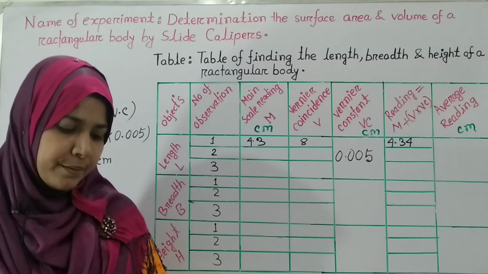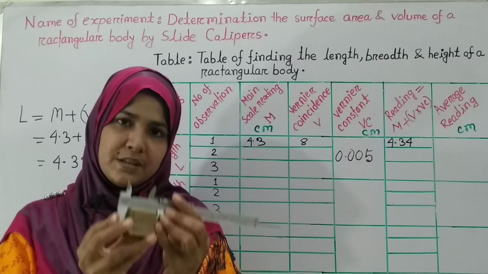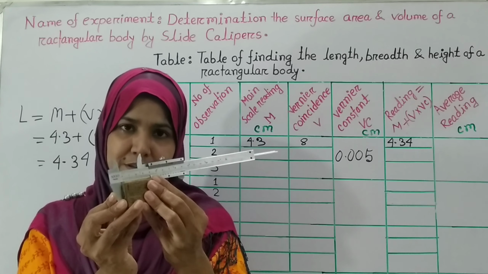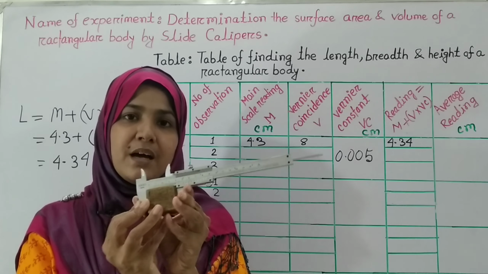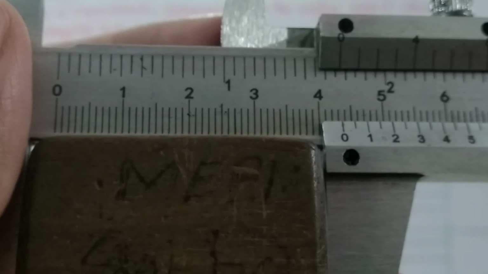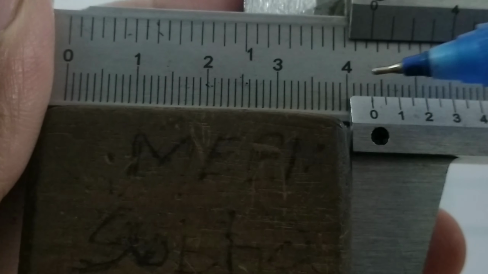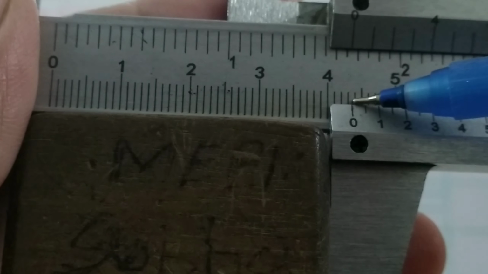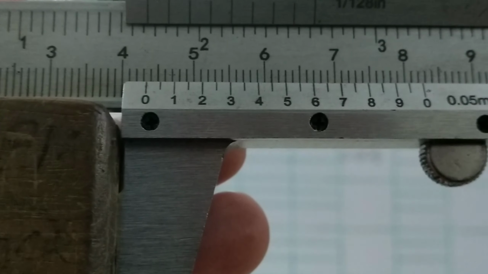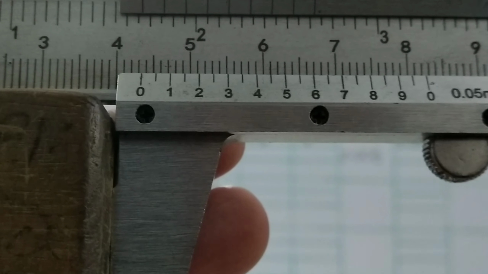Now again I am placing the object between the jaws of the two scales and I am taking the measurement in the same way. This time the main scale reading is similar to the previous one. You can see that the main scale reading here is also 4.3, but now the vernier superimposition has changed.